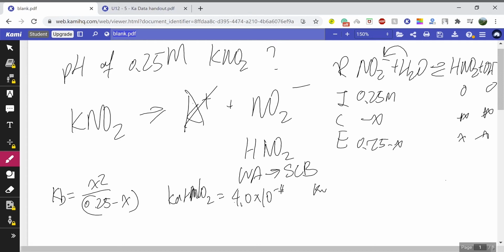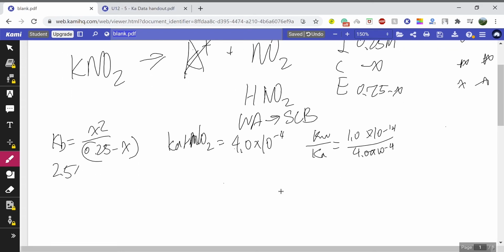Now if we do Kw divided by Ka, which is 1.0 times 10 to the negative 14th divided by 4.0 times 10 to the negative 4th, on my calculator that gives us Kb as 2.5 times 10 to the negative 11th, equals x squared divided by 0.25 minus x.